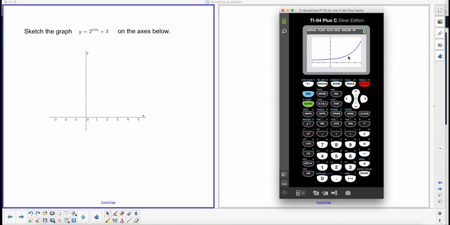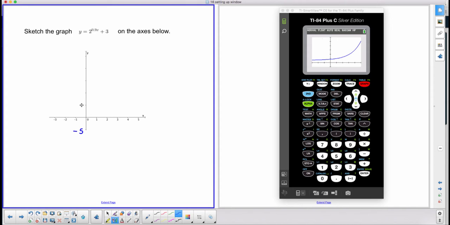Now we need to transfer this graph to the paper, so I'll start with that 25.6 that we calculated already. I'll write the scale onto our graph, beginning at negative 5, 0, 5. And so at 5 we can plot 25.6.